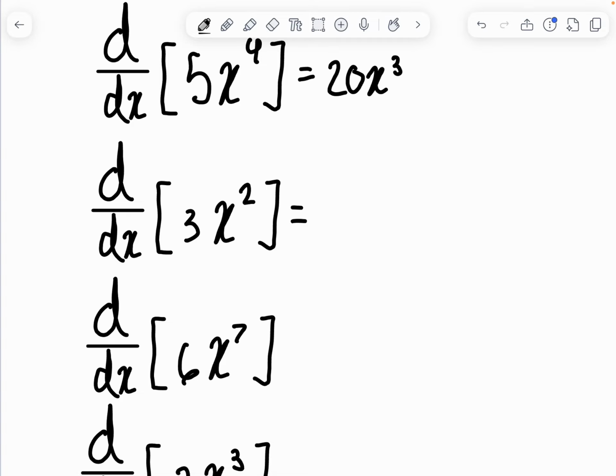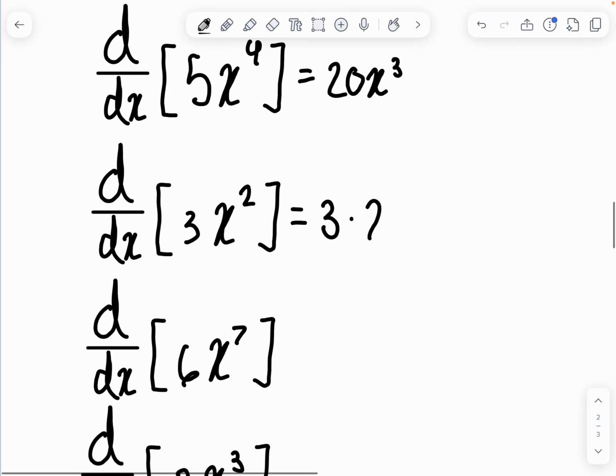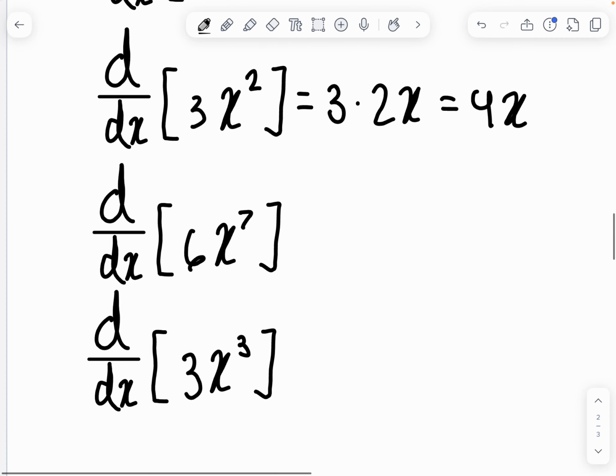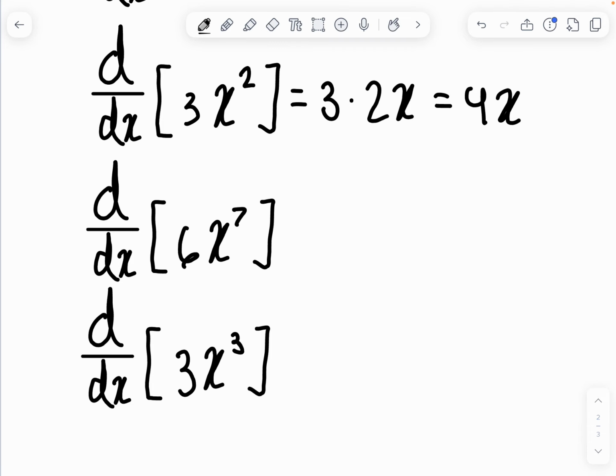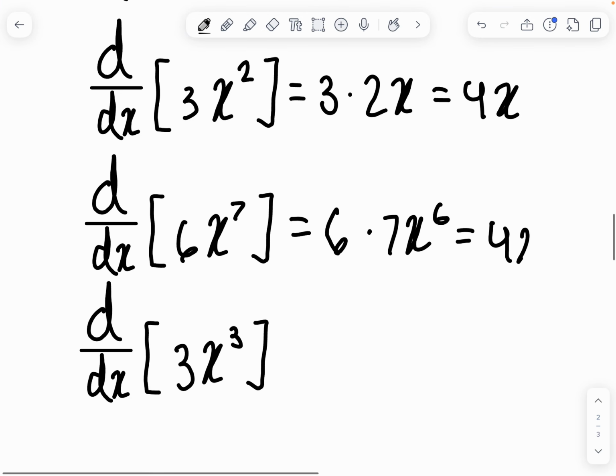So, let's do this. 3 times the derivative of x squared, so that would be 2x, so 3 times 2x. So that equals 6x. What is the derivative of 6x to the power of 7? This is going to be 6 times 7x to the power of 6. 6 times 7 equals 42, so 42x to the power of 6.